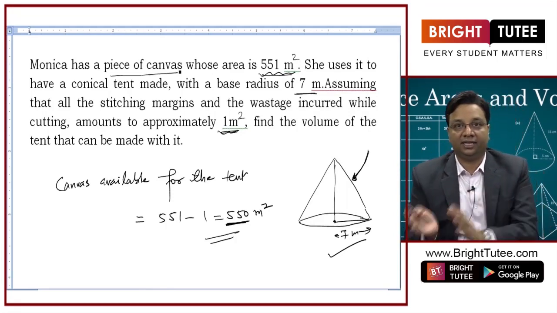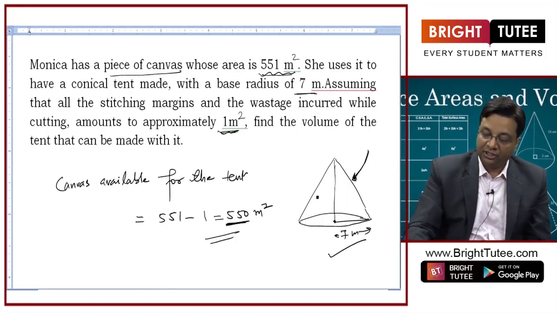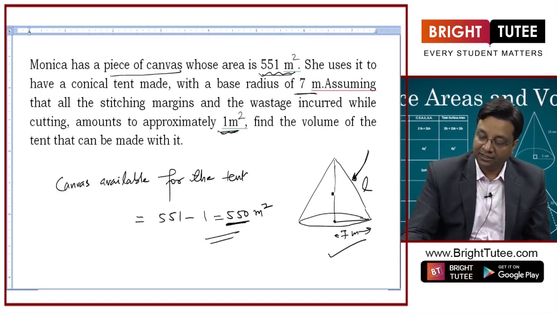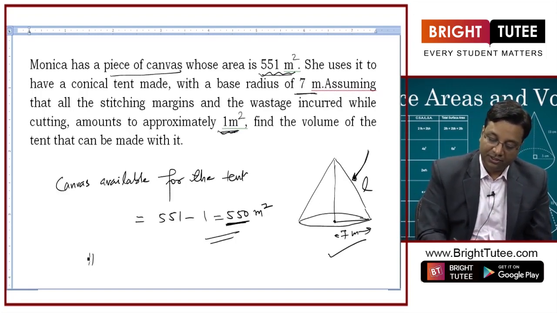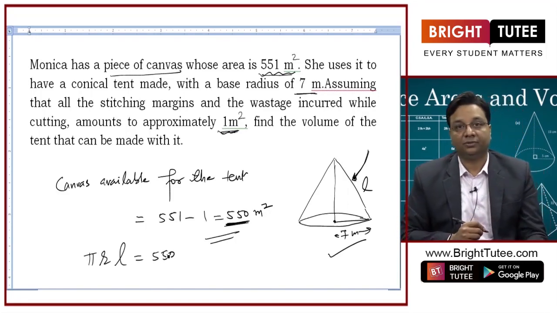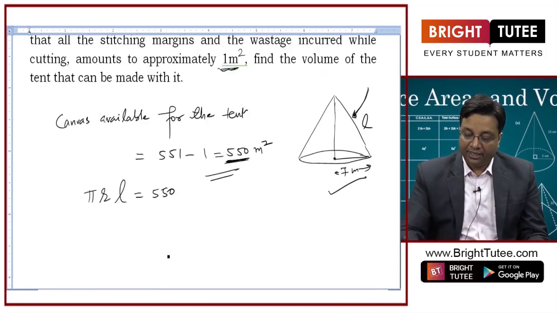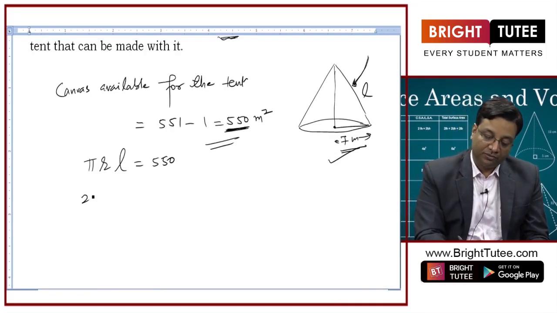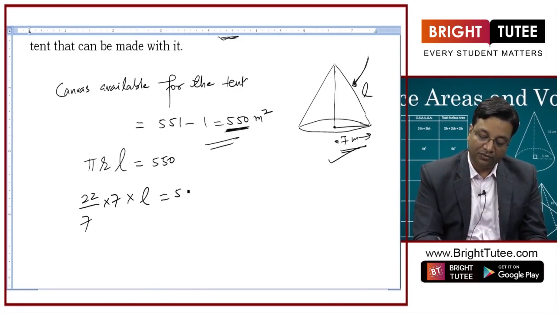So, the areas have to be equal. So, what is curved surface area? If the slant height is L, curved surface area is pi r L and it is equal to 550 meter square. Radius I already know is 7. So, 22 by 7 into L is equal to 550.